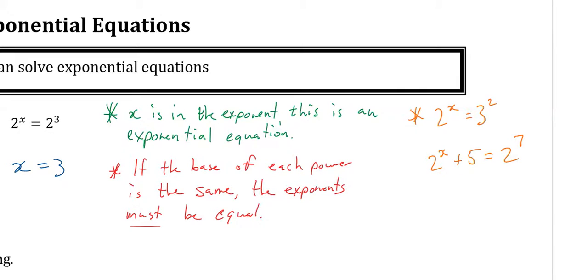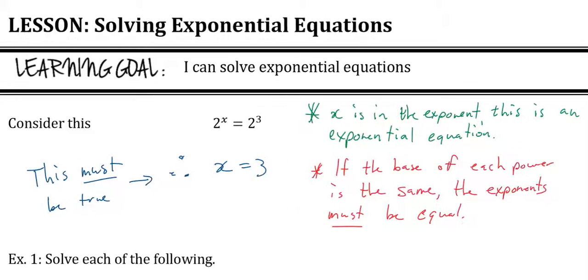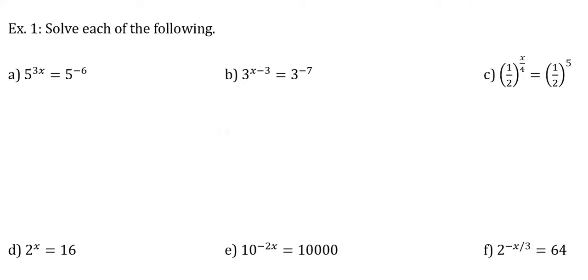I don't have any other junk. So this one, again, is not solvable with this system. Only some kinds of exponential equations can be solved like this. Only some. But all the ones that I give you will work. Okay, all right, so let's try some examples.